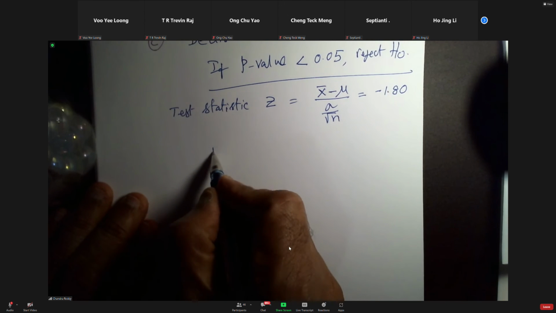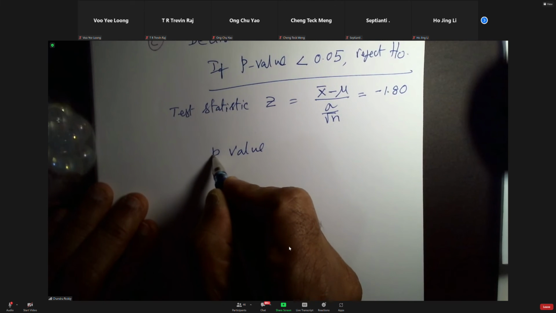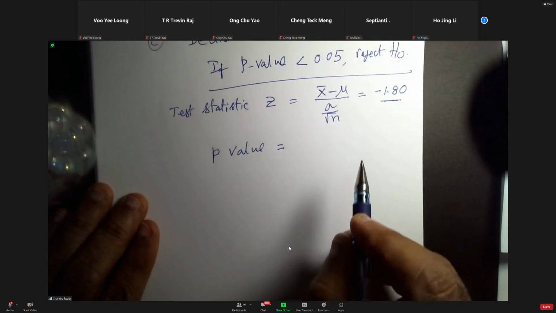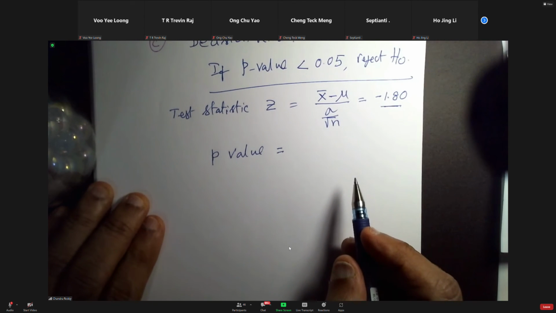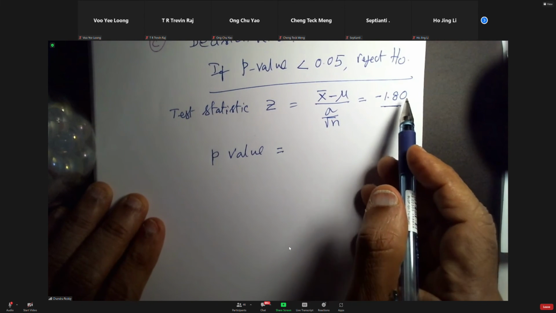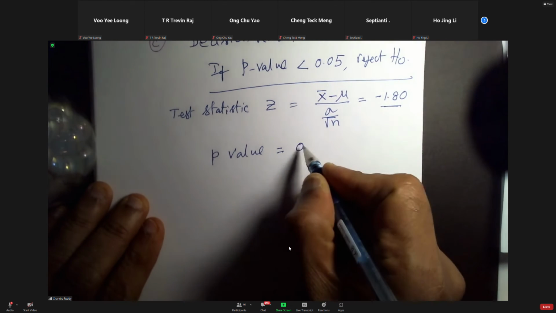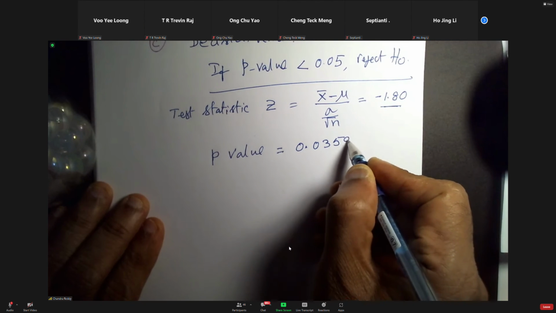So what is the p-value for negative 1.80? You can check your Z distribution tables. From the Z distribution tables, the p-value will be 0.0359.